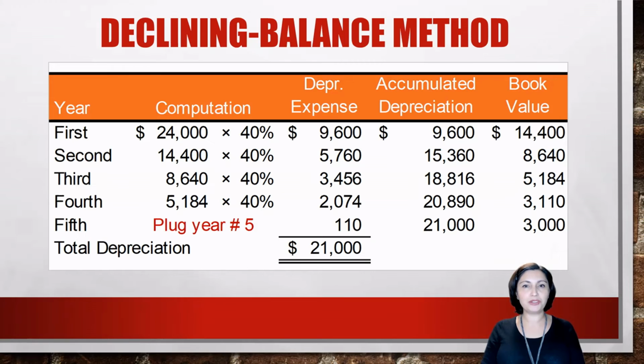Notice that no matter which depreciation method is used, the total depreciation taken at the end of an asset's life will be the same. In this case, for both the straight line method and the double declining balance method, the total depreciation taken is $21,000.